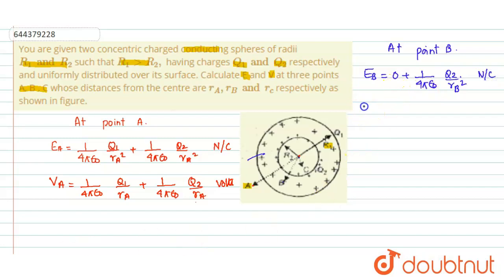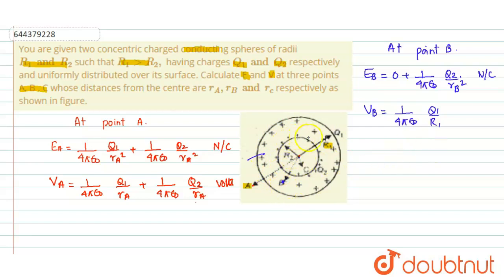Let us now find out the potential at point B. So how do we find the potential? Now the potential is not 0 due to this sphere. So you can see this B point is inside this sphere. So the potential at B due to the first sphere will be given by 1 upon 4 pi epsilon naught Q1 divided by R1, because the potential at any point inside this sphere due to the charge on this sphere is simply this.